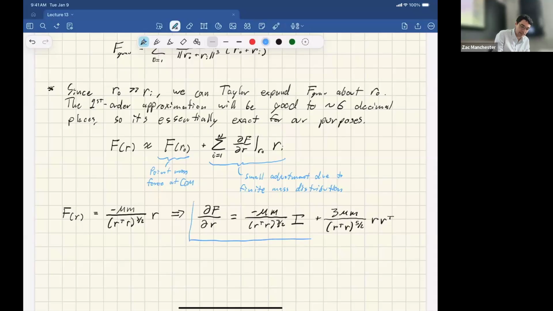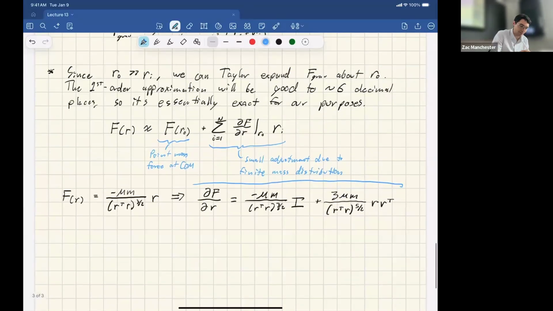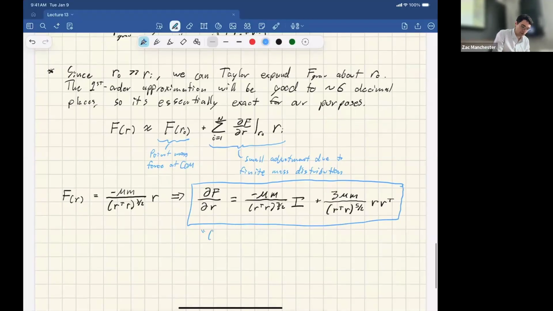So this is the thing we're after, and we'll call this the gravity gradient Jacobian. This literally is the gravity gradient, right?